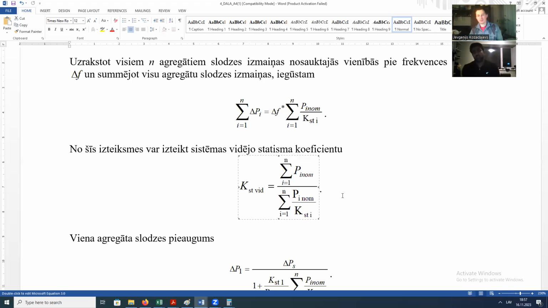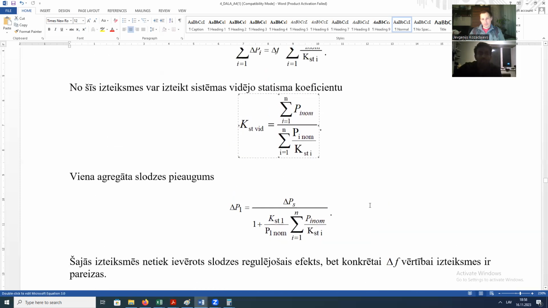In this formula, i represents the number of each generator, and the sum is each generator's power divided by its static coefficient.